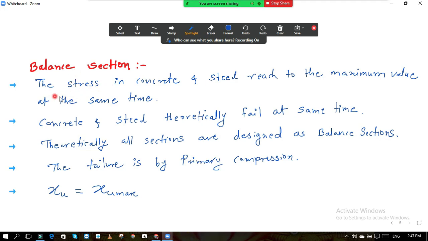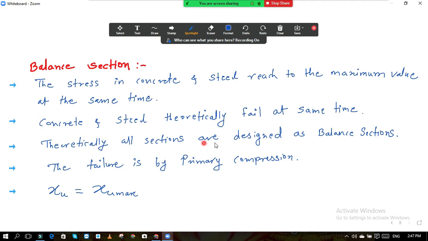In the balanced section, the stresses in concrete and steel reach the maximum value at the same time. Both reach their allowable stresses at the same time. Concrete and steel theoretically fail at the same time. Actually, it does not happen. Either concrete fails or steel fails. So this is the ideal condition, and that is why we call it a balanced section.